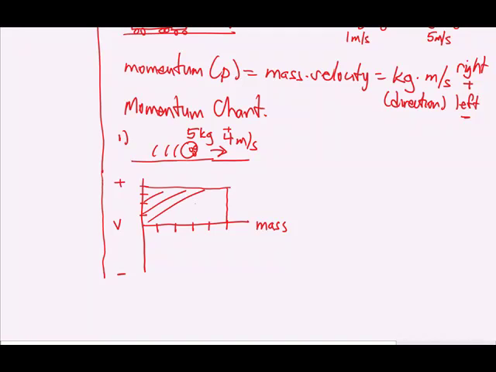And so the area of this rectangle is proportional to the momentum of our bowling ball. To calculate it, P is equal to mass times velocity. Our mass is 5 kilograms, our velocity is a positive 4 meters per second. So our momentum is a positive 20 kilogram meters per second.